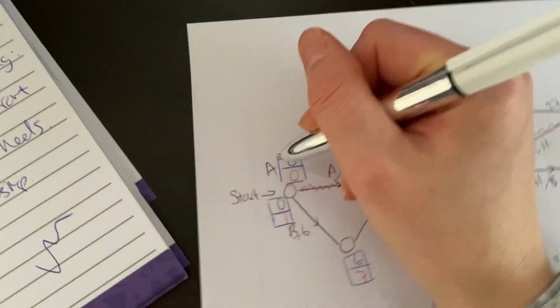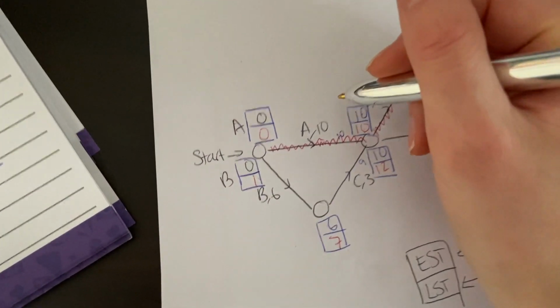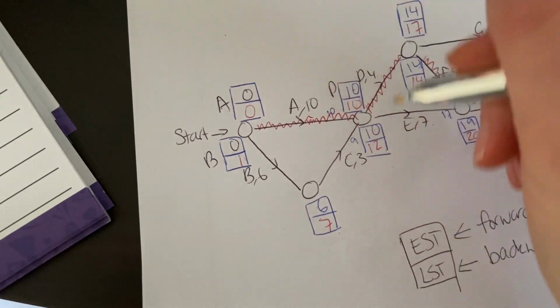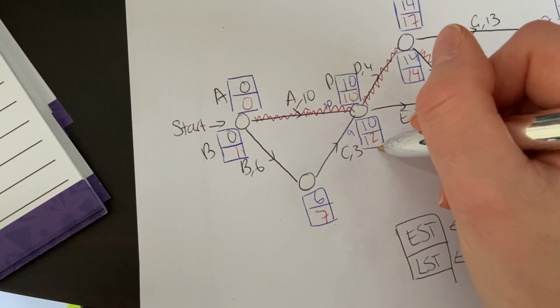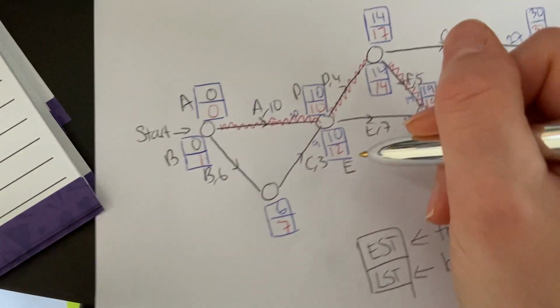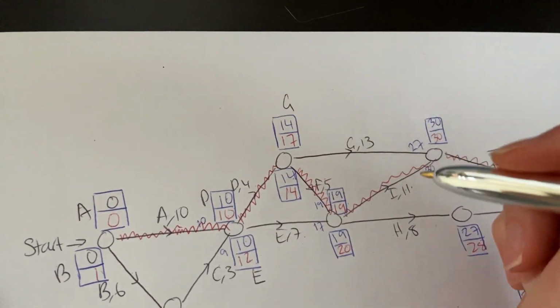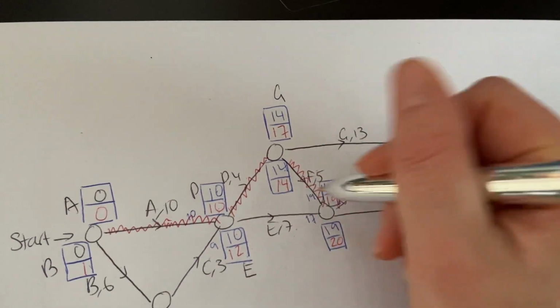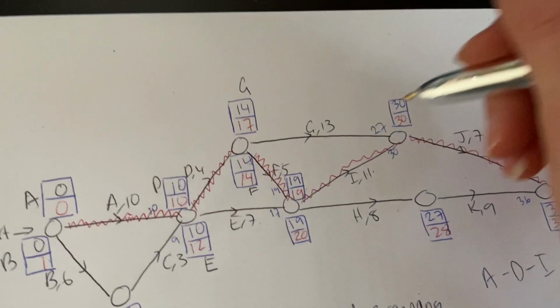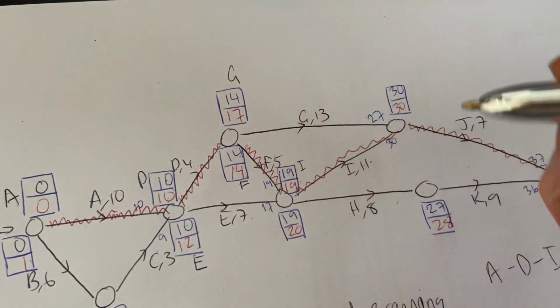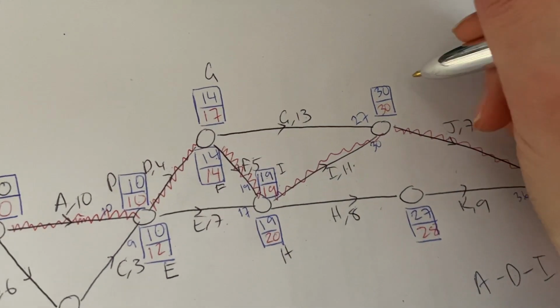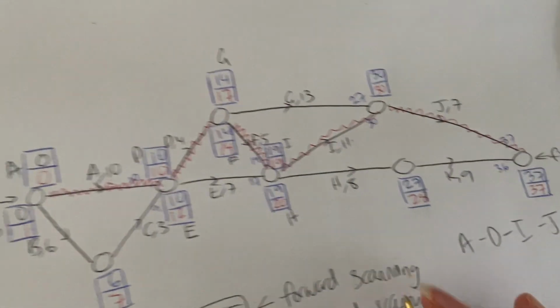So this is for A, and this is for B. This is for D, and this is for E, and this is for G, this is for F, I, H. We don't need to worry about those.